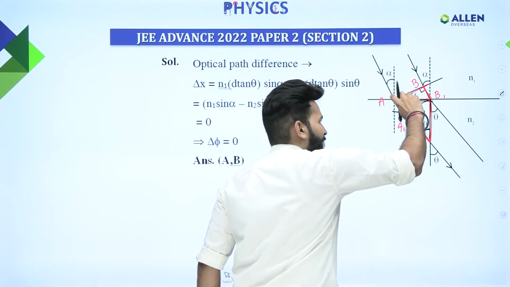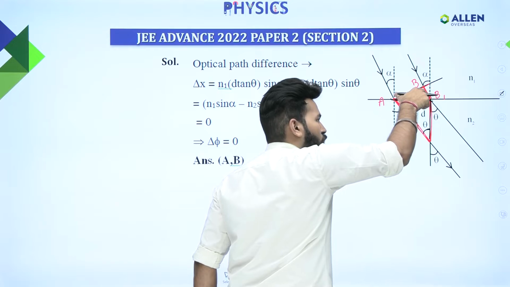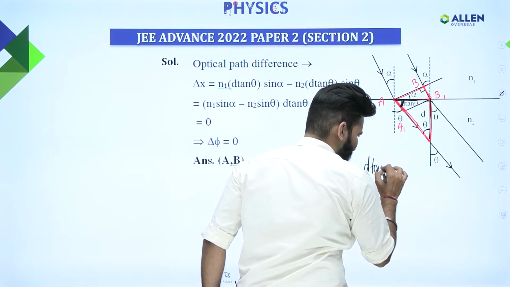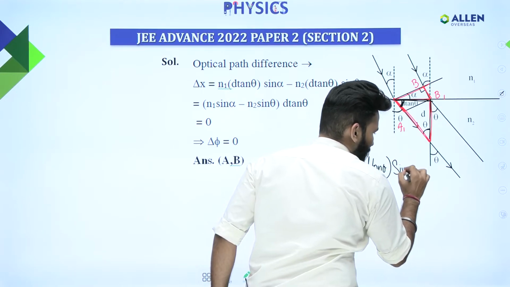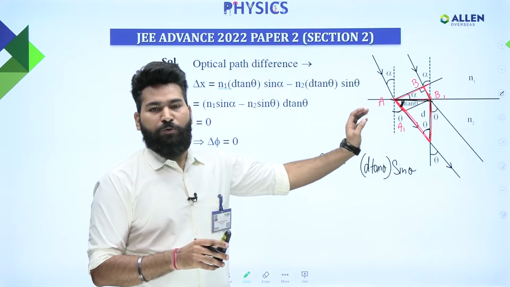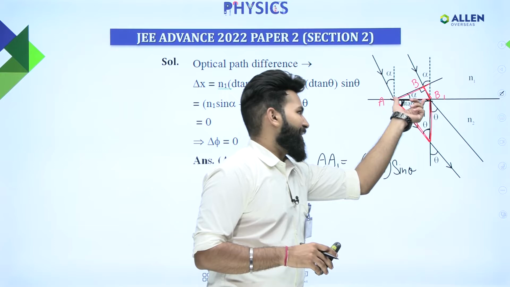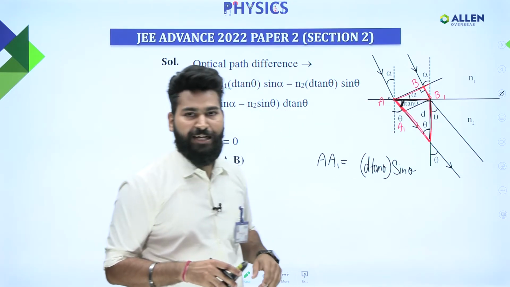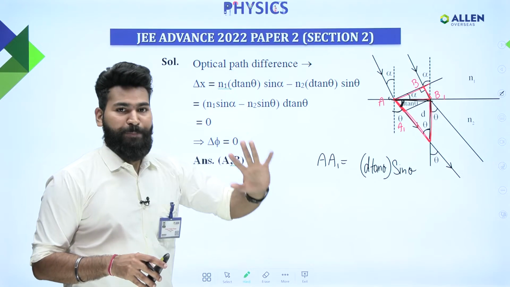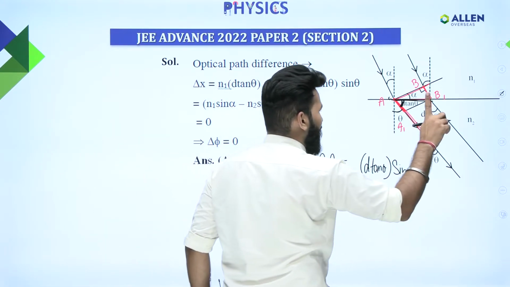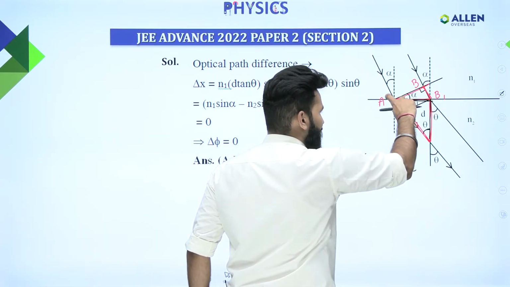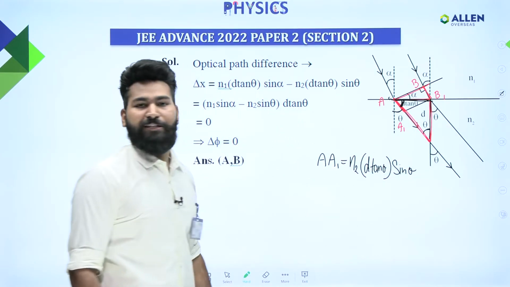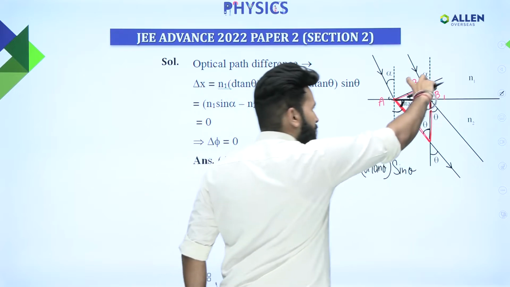And this length AA1 will be d tan theta cos of 90 minus theta. That means it will be d tan theta sin theta. You can solve this much geometry by yourself also, right? This is d tan theta and this is 90 minus theta, so d tan theta cos of 90 minus theta, that means sin theta. And since we are talking about optical path difference, I'll have to multiply it with the refractive index also. Since this distance is in medium n2, this will be n2 into d tan theta sin theta. Now let's calculate this distance BB1.